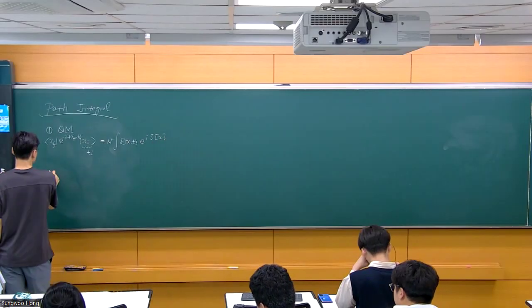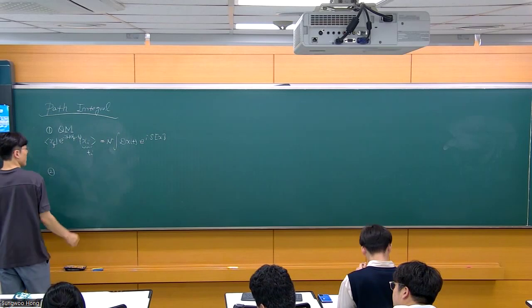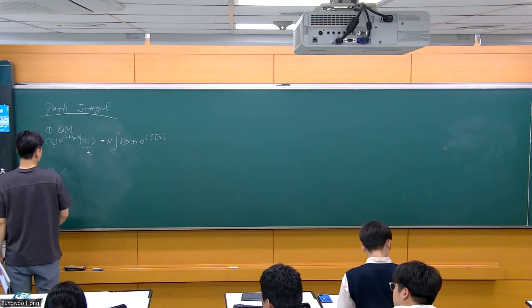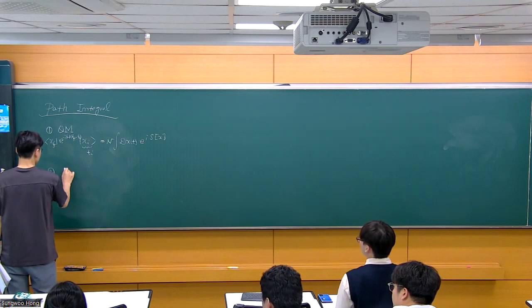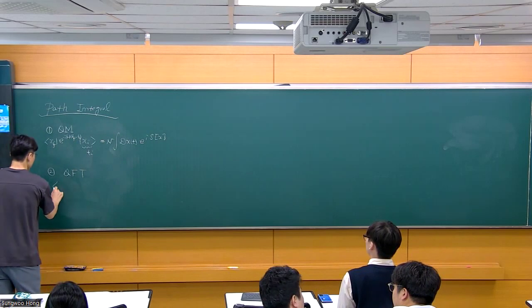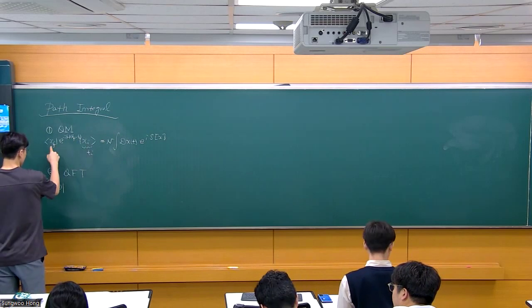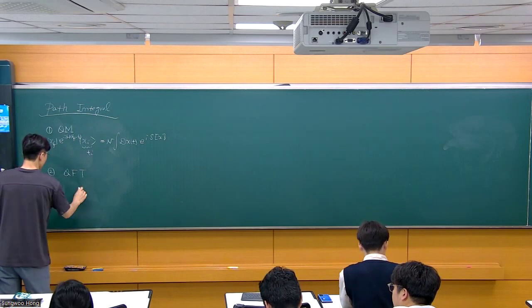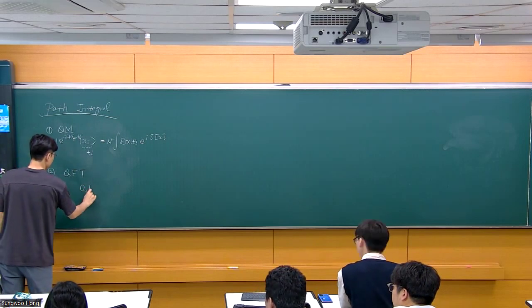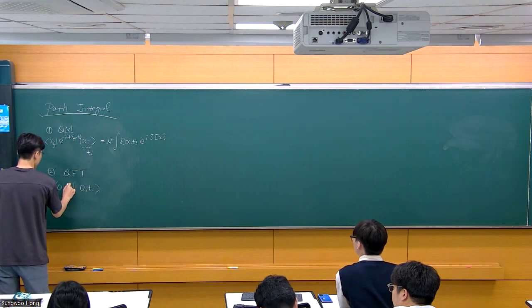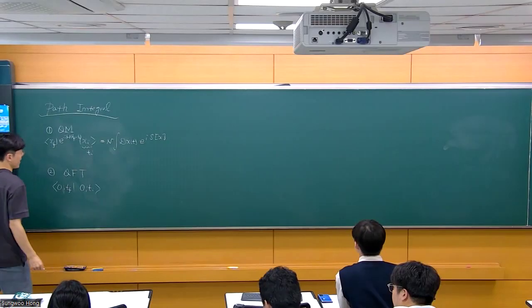Using this, we're going to derive and build up most of the intuition. Then we're going to derive a quantum field theory version of it, the QFT version. There, instead of asking about a more general state, we're going to ask about a vacuum to vacuum transition. So I will ask for the vacuum at t equal to ti, and then ask what is the probability that it ends with the vacuum at tf?